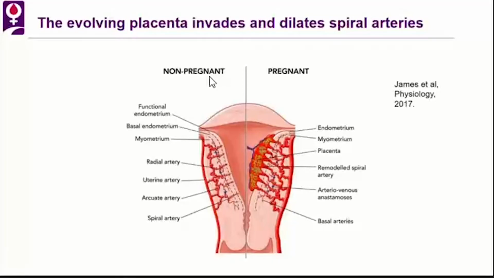On the right side, you can see the pregnant spiral arteries, and you can see that they are much larger, have a greater caliber, and that blood coming in through the spiral arteries is coming into the uteroplacental space.